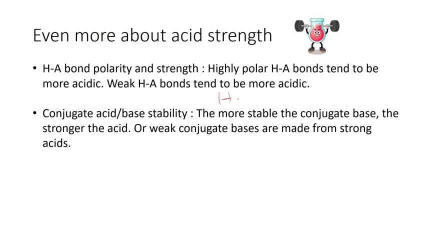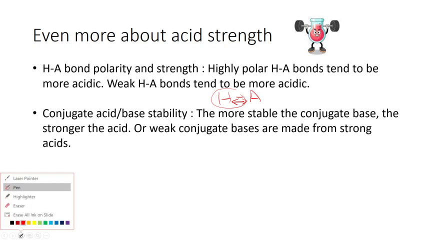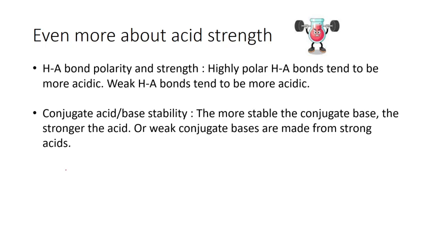If the H-A bond is very strong, they want to stay together, then it is much less likely that the H will leave. The H is going to want to stay with the acid.